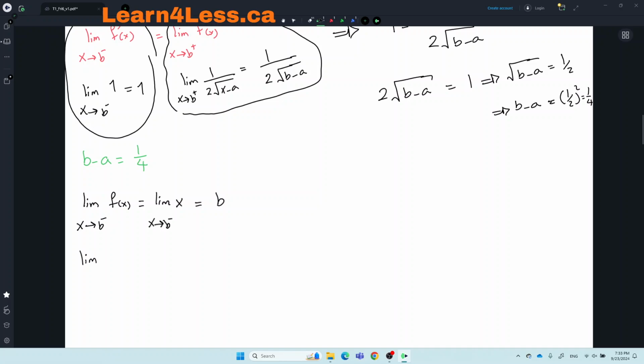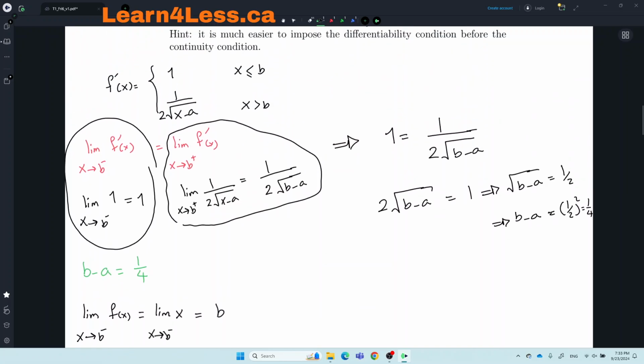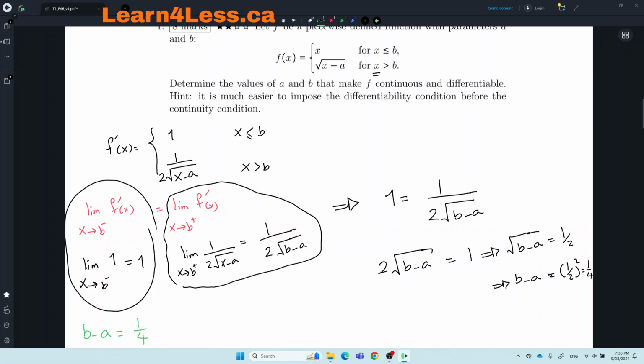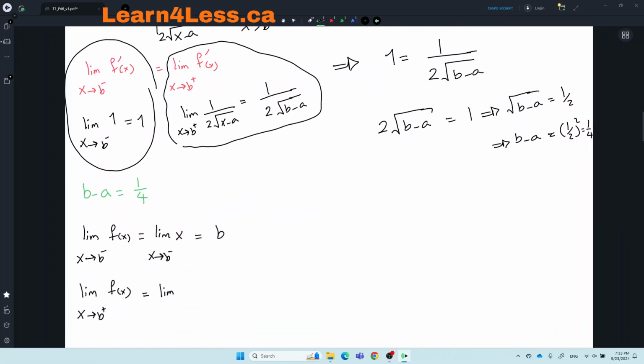Let's do it again from the right side. The limit as x approaches b from the right side: x is slightly greater than b, so we are dealing with the second expression. So it should be root of x minus a as x approaches b from the positive side, which is equal to the square root of b minus a.